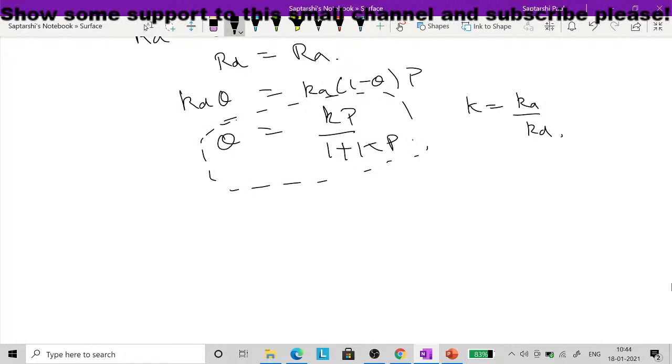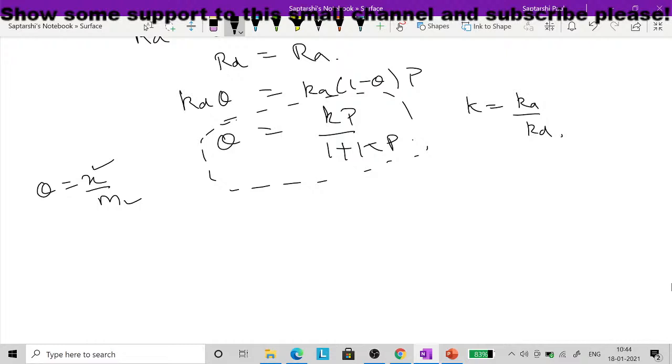Now, very important to note, another formula which is derived from here, which is very, very important as well. We know that theta is x by m, where x is the mass of gas adsorbed and m is the mass of the adsorbent, because theta is the fractional coverage.